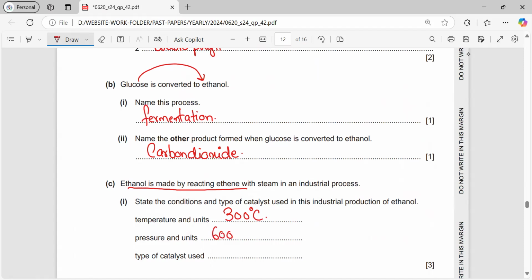The pressure is 6,000 kilopascal. And the catalyst which we use is an acid, specifically phosphoric acid. And its formula is H3PO4.